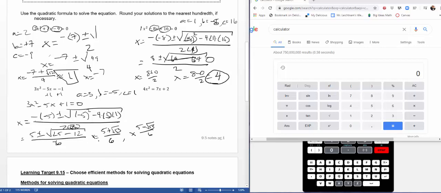These are not whole numbers, so I'm going to need to figure out how to calculate these as decimals. So I'm going to type in the numerator. On my scientific calculator, I'm going to do parenthesis, my numerator, 5 plus the square root of 13. Oops, not 15, but 13.